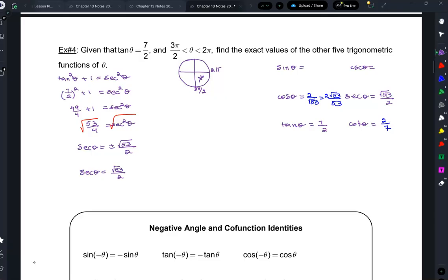Okay, so these are the more obvious ones, right? The purple is what we already have. These are the more obvious ones.